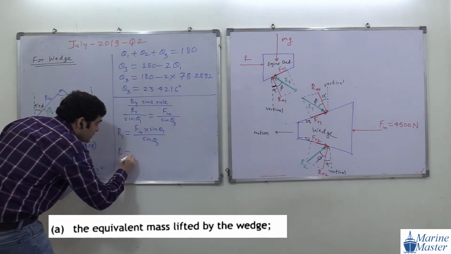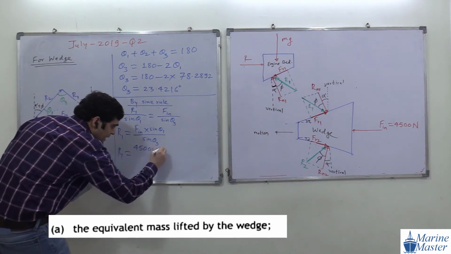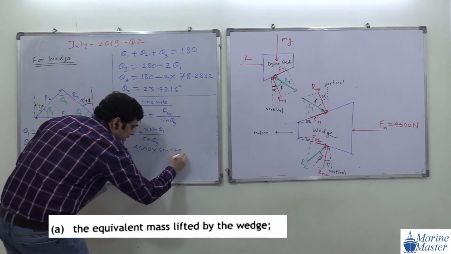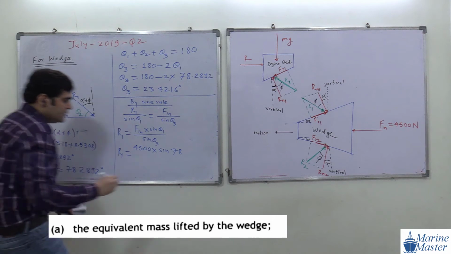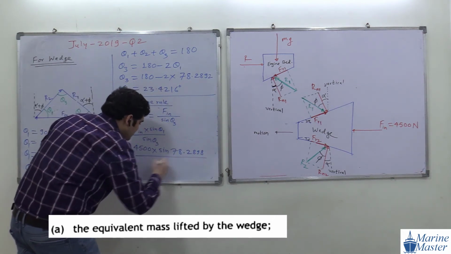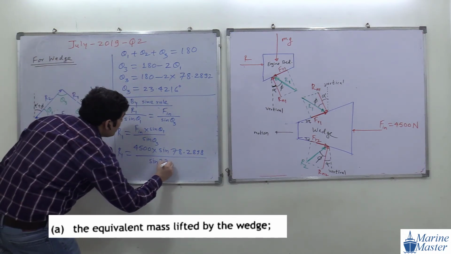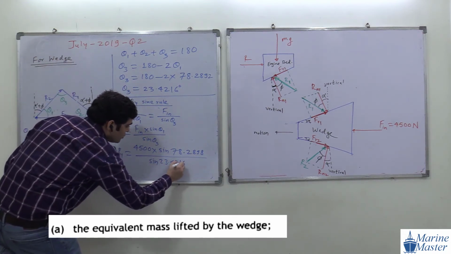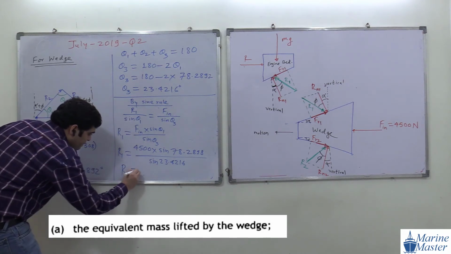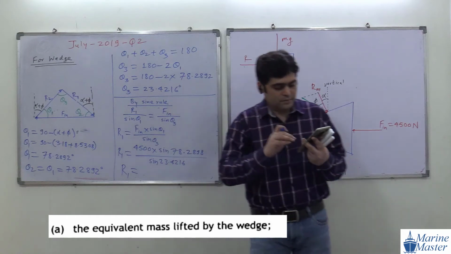So R1 is 4500 multiplied by sine of 78.2898, divided by sine of theta 3, which we just calculated as 23.4216. Please everyone tell me the value of R1.